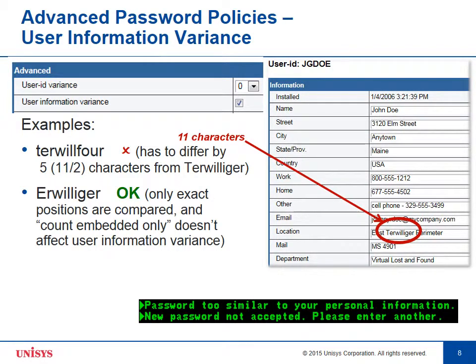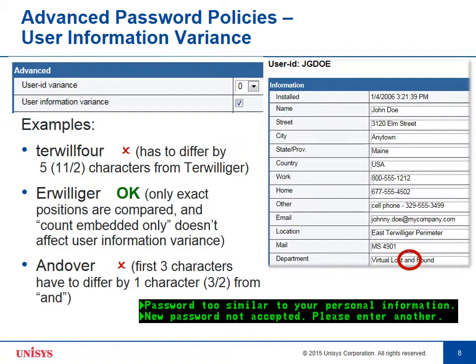On the other hand, if you eliminate that T and start with the E, it's okay because only exact positions are compared, and count embedded only doesn't affect user information variance. Now notice that the department says virtual lost and found. That AND is a token too, and therefore ANDover could not be used as a password because the first 3 characters of it have to differ by 1 character from AND.